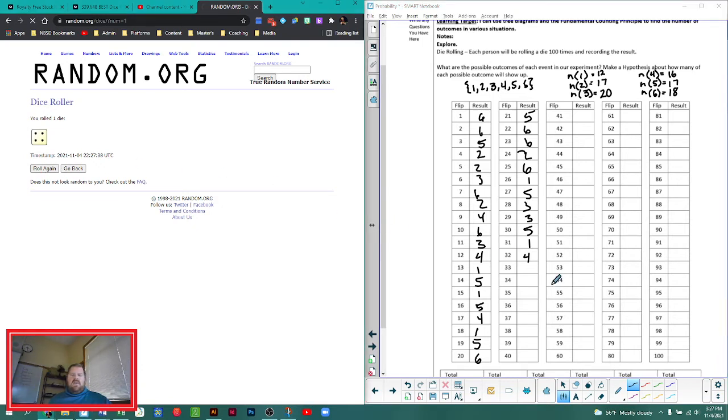And I guessed that I wouldn't get very many 1s. And I'm not seeing as many 3s as I thought I would. I said 20 of them would be 3s.